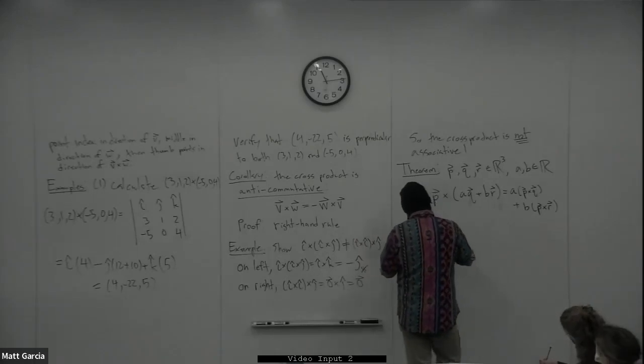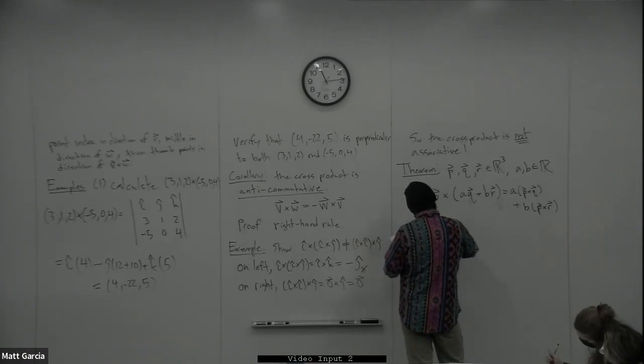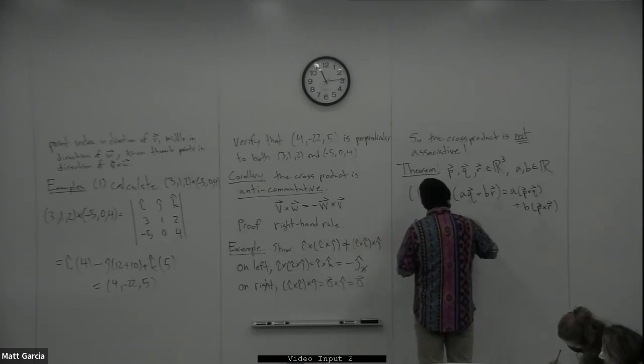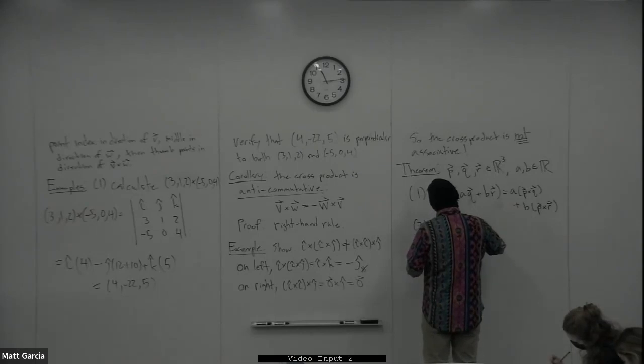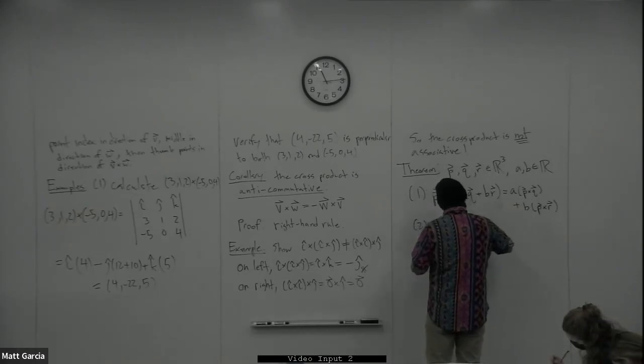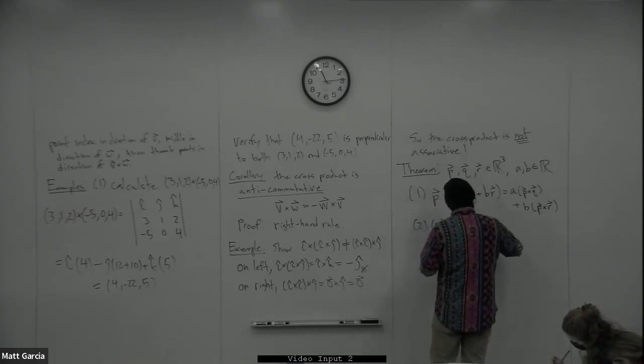Two, this same type of operation of distribution and removal, factoring of scalars holds when we take the cross product on the other side.